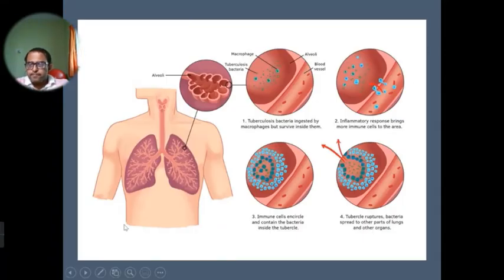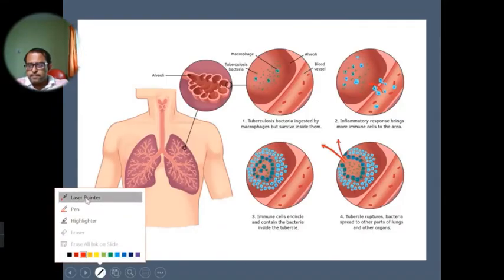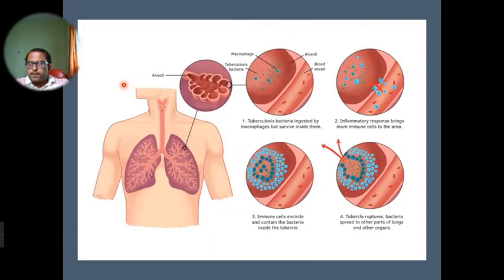You can see here, through the air, through the mouth or nose, the aerosolized bacilli come inside the lungs, where there are structures called alveoli. There, these tubercle bacilli are ingested by the macrophage cells, but the tuberculosis bacteria are not killed by these macrophage cells.